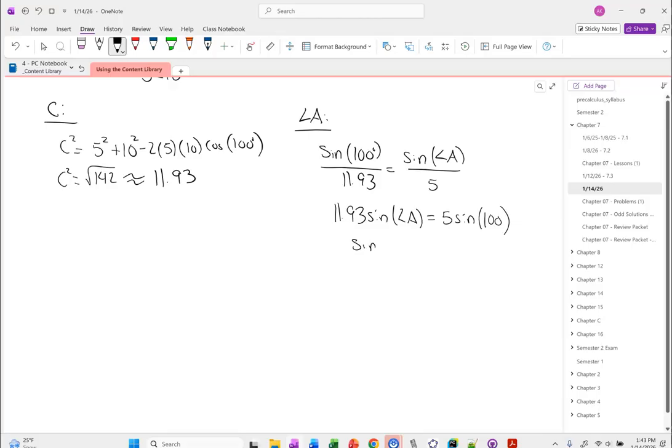And we'll divide by 11.93. Now, how do I get rid of that sine that's wrapped around the angle A? Sine inverse.